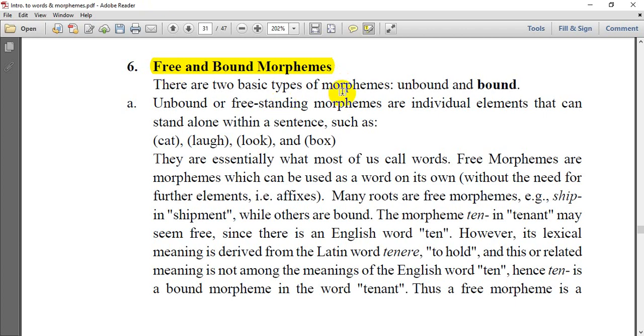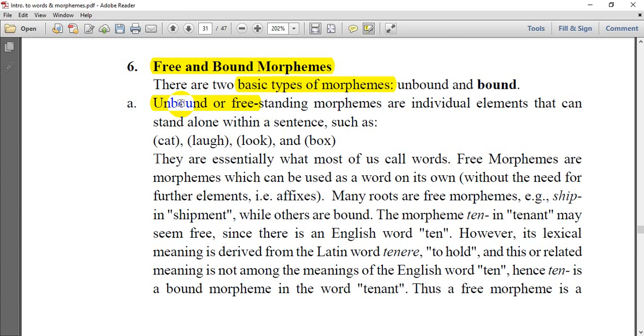There are two basic types of morphemes, which are unbound, meaning free, and bound morphemes. It's very important to differentiate between these basic types of morphemes.